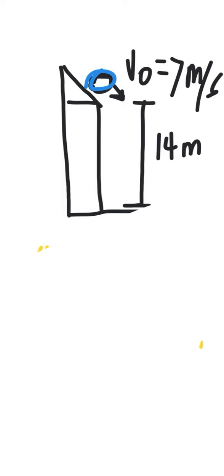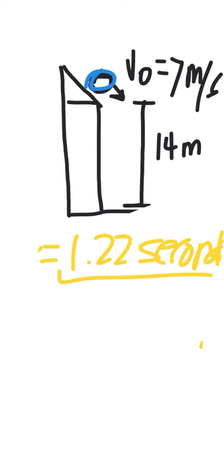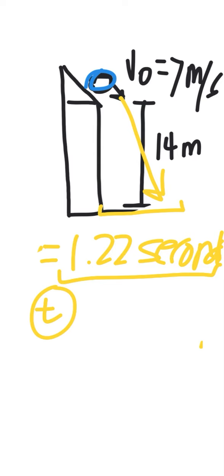Now, once we solve that quadratic formula, we're going to get 1.22 seconds. So this is our time t. Now, in order to find the distance that the snowball is going to land from the barn, let's say from here to here, we have to plug in this time t, 1.22 seconds, and multiply it by the velocity.